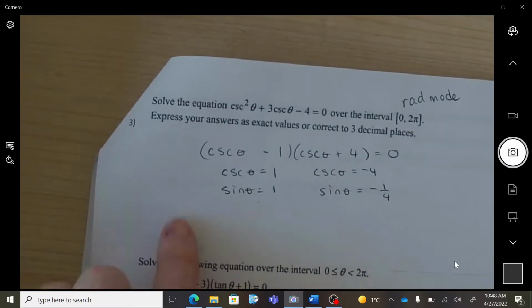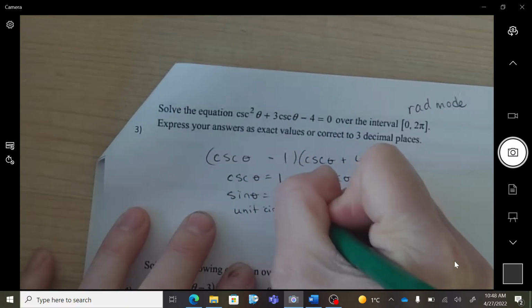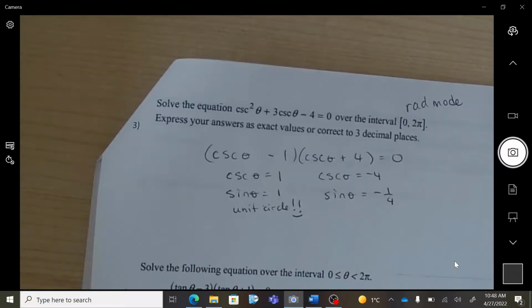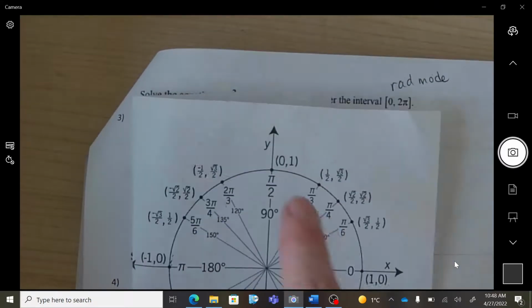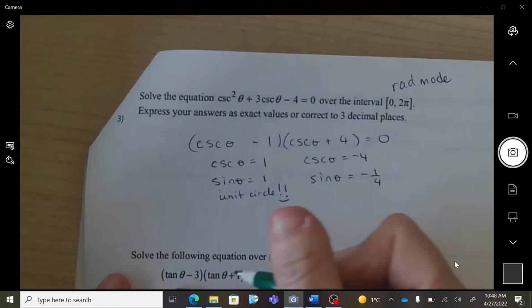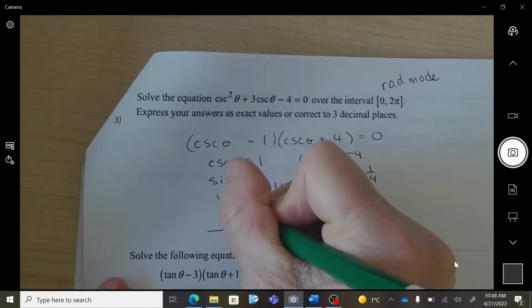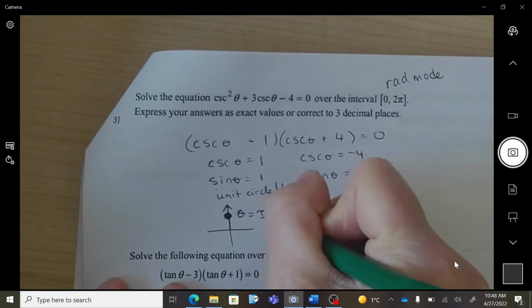Okay, so this is on the unit circle. So where is y 1? In this position. So here my angle will equal pi over 2.